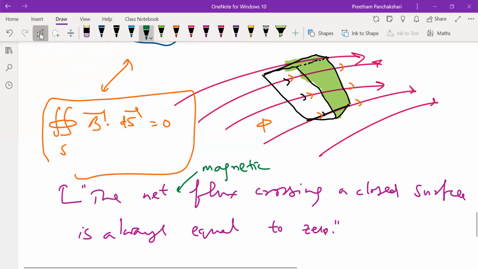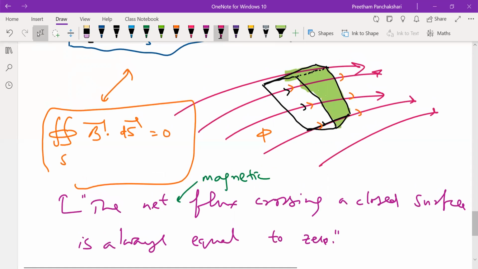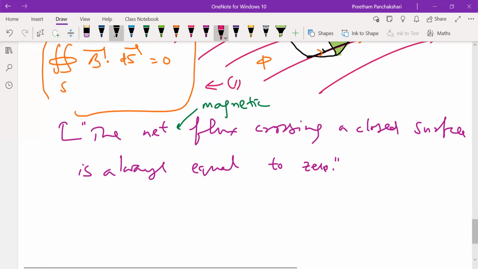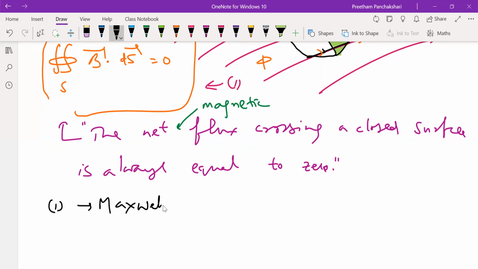This statement is very important, because this equation, let us call it equation number 1, is also called Maxwell's equation. This is also very well known as Gauss law.